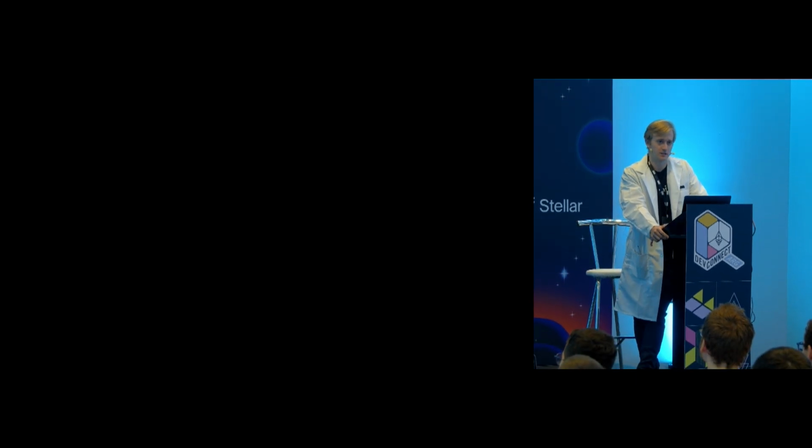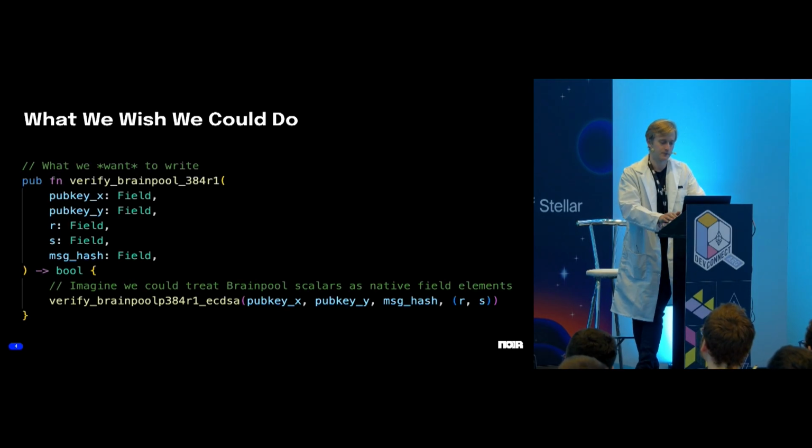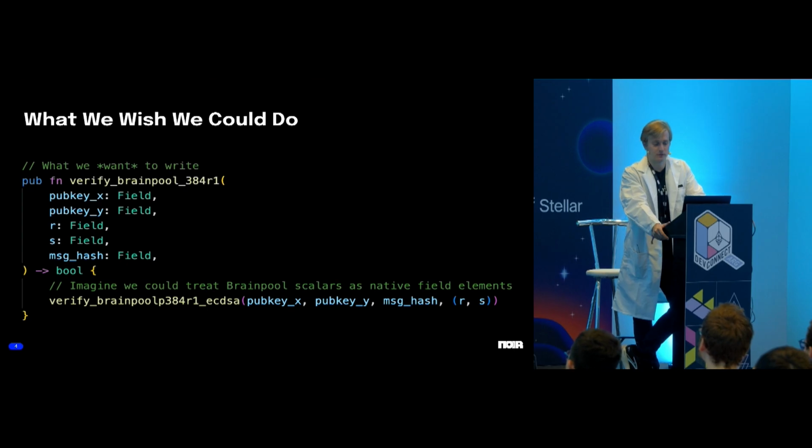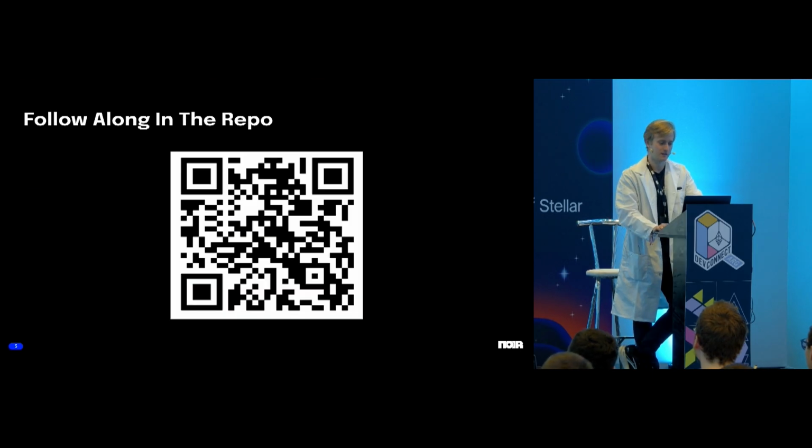Basically we need some way to represent our number in larger than 254 bits. So this is what we wish we could do. The field type is what's native to Noir. I wish we could just have a public key X, public key Y, R, S, message hash, and then it's easy. It would be really nice.